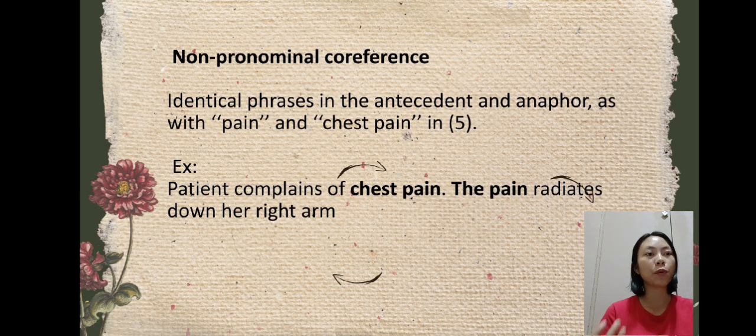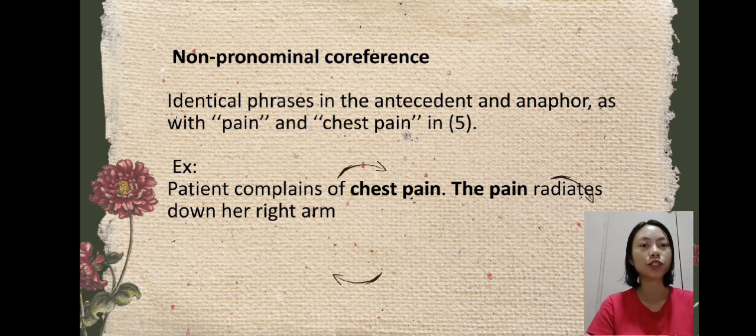And in non-pronominal coreference, one important indicator of the relationship is the overlapping or identical phrases in the antecedent and anaphor, as with the pain and chest pain. For example, in the sentence, "Patient complains of chest pain, and then the pain radiates down her right arm."